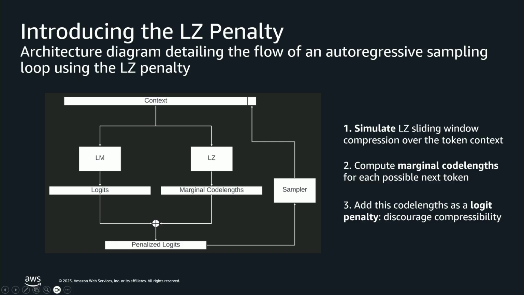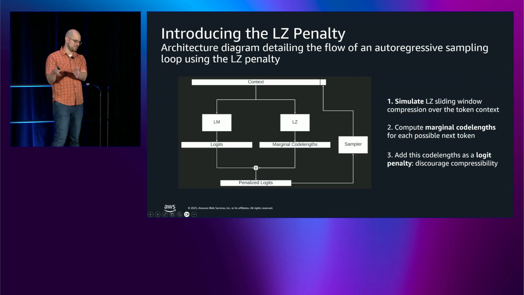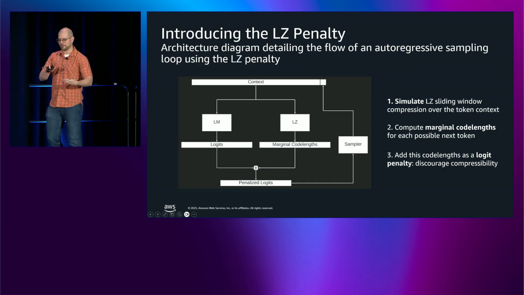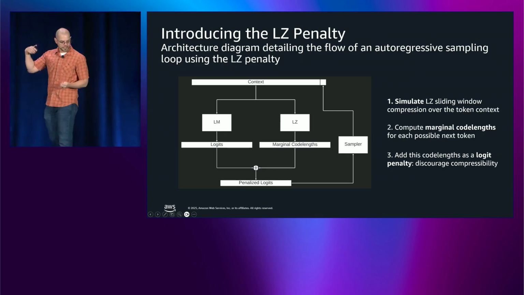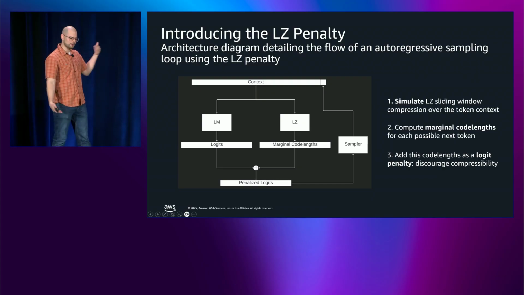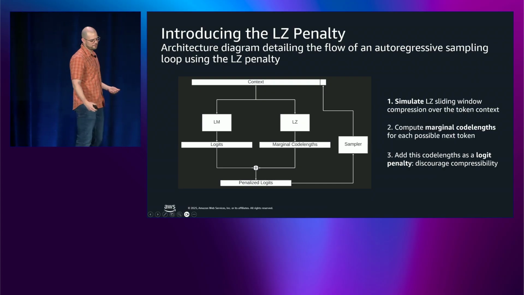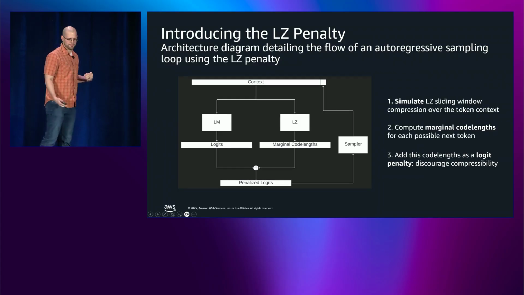With the LZ penalty, we, in parallel to the language model, are running the data compression algorithm. You can basically think of it as running gzip or something very similar to gzip right there in parallel with the language model. Then we take the output of that data compressor and fuse it with the logits that come out of the language model, and we use this fused representation for the sampler.